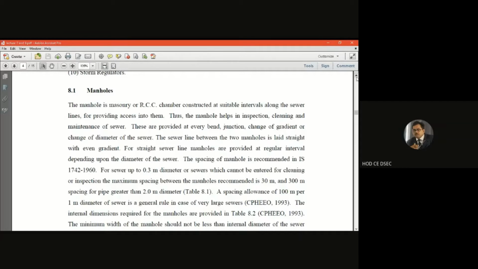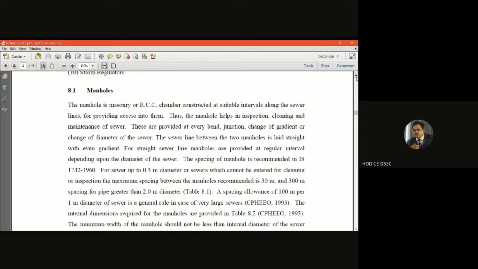That is the fundamental purpose of the manhole: providing access. Thus the manhole helps in inspection, cleaning and maintenance of the sewer.